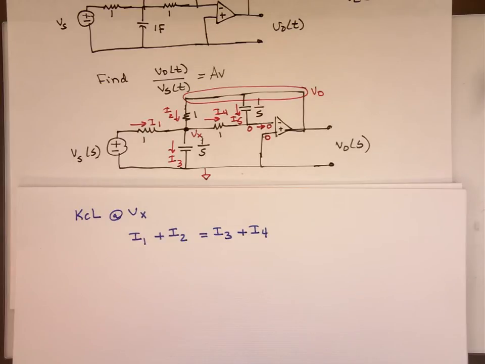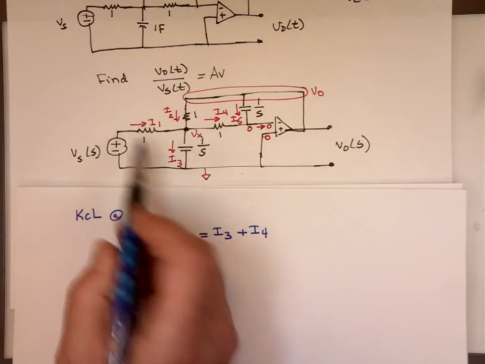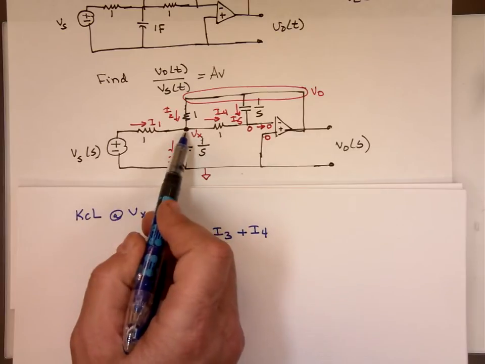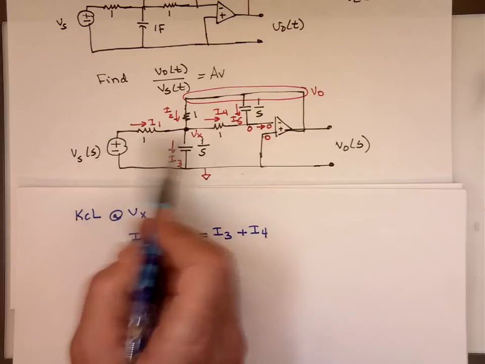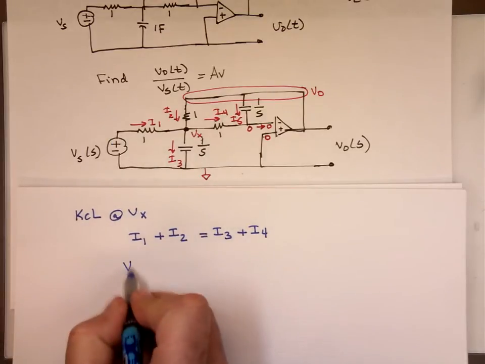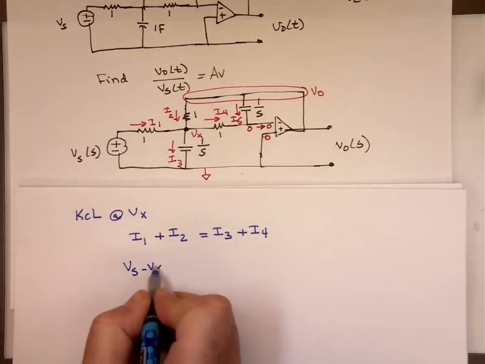I sub 1, it's this voltage minus that voltage: Vs minus Vx divided by 1.